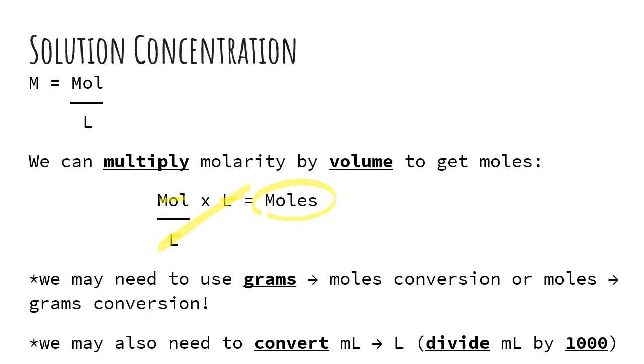Another reminder, because this is in moles per liter, if you have milliliters and we need to convert it to liters, we just divide by 1,000. So the big things here, molarity is moles per liter, and we do know that we can convert grams to moles, moles to grams, and we can convert milliliters to liters if needed.